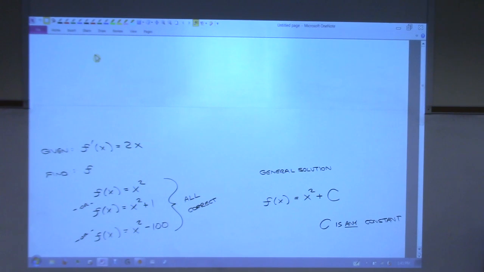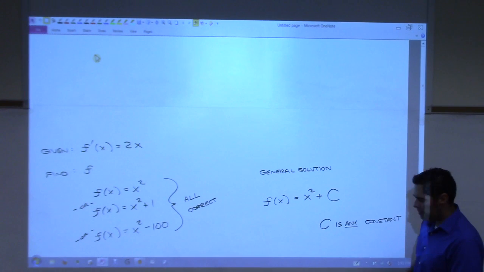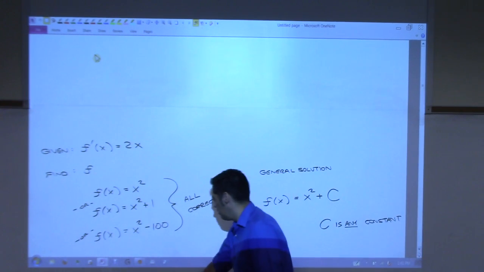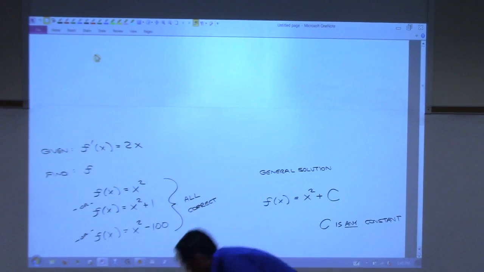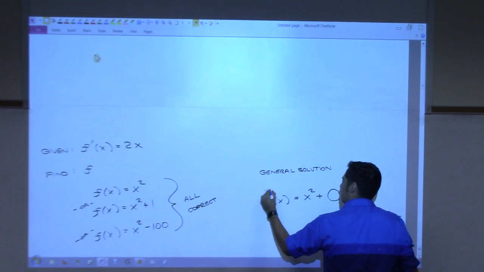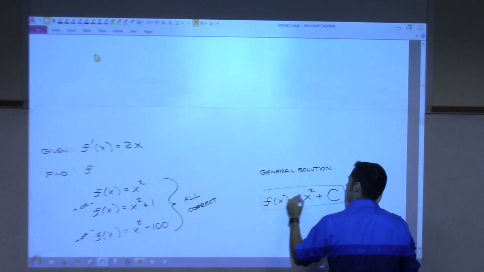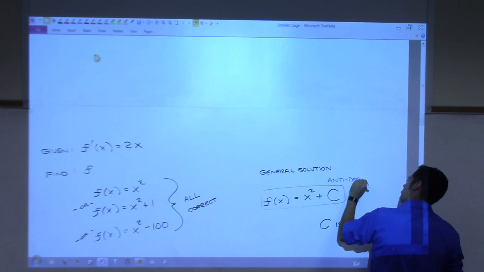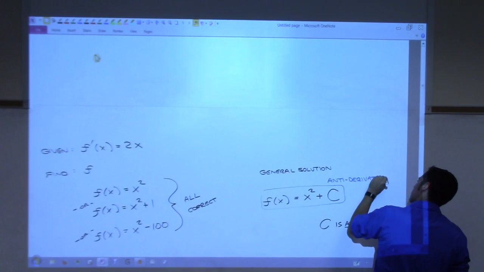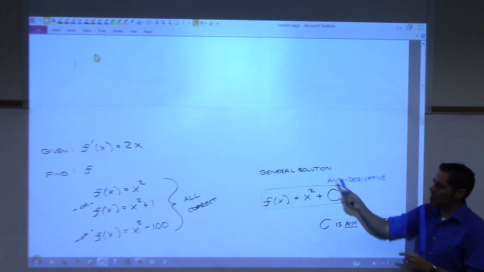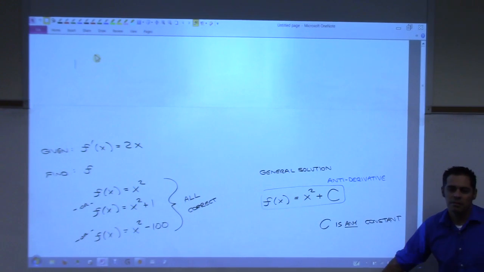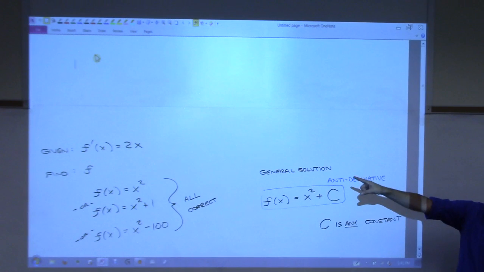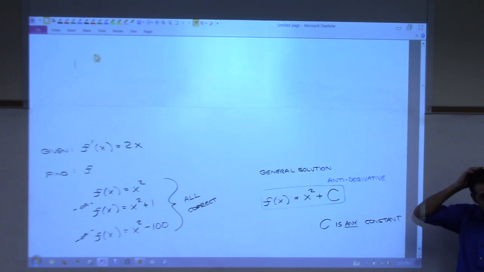All right? Let's try something else. Oh, I forgot to tell you what the whole thing is called. This right here would be the antiderivative. It's an antiderivative of the 2x. That derivative comes from this, so this is the antiderivative of it.